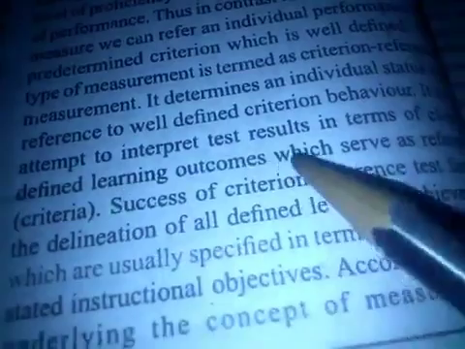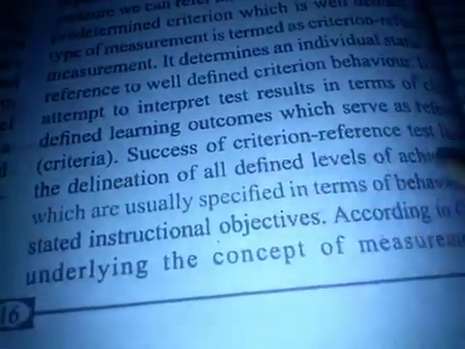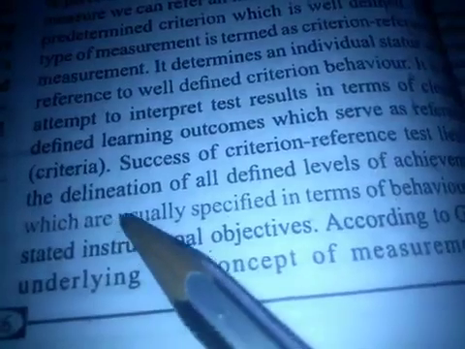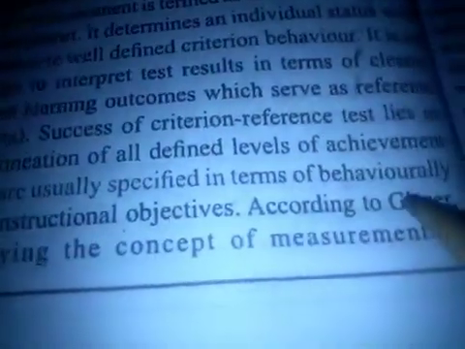It is an attempt to interpret test results in terms of clearly defined learning outcomes which serve as reference criteria. Success of criterion-referenced tests lies in the delineation of all defined levels of achievement, which are usually specified in terms of behaviorally stated instructional objectives.